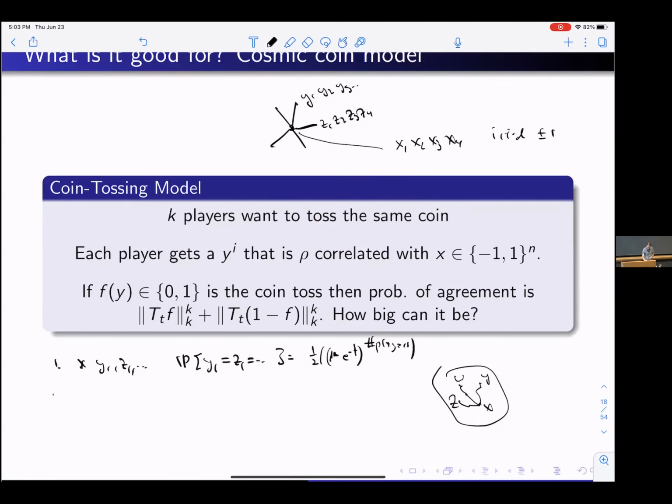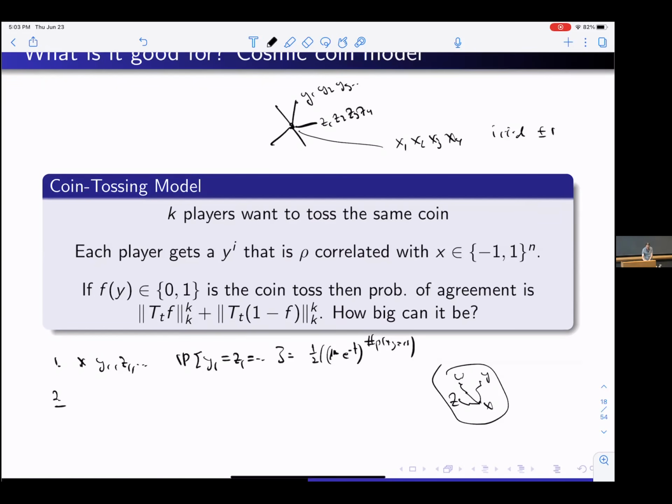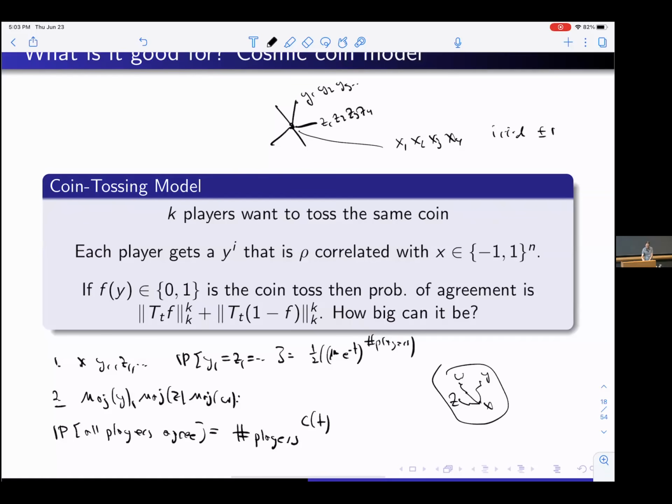In previous work, we showed something interesting: if instead of taking y and z and so forth, they take the majority of y, the majority of z, the majority of w, then the probability that all players agree decays like a power of the number of players, with a power that depends on t.